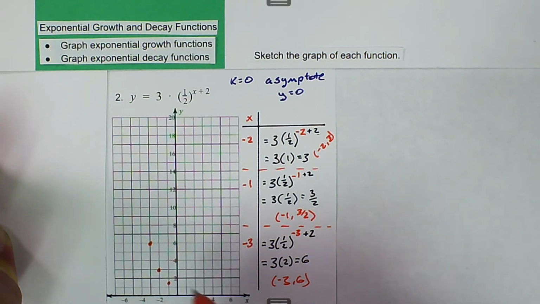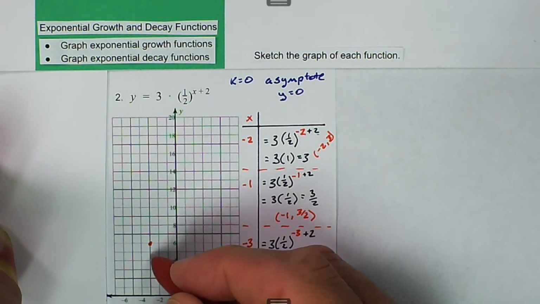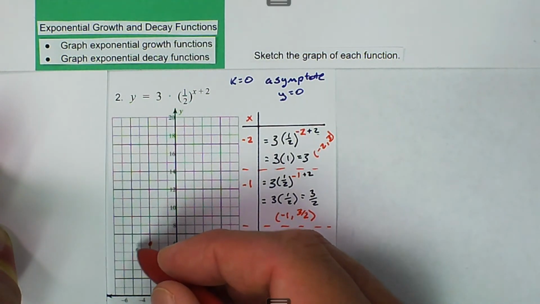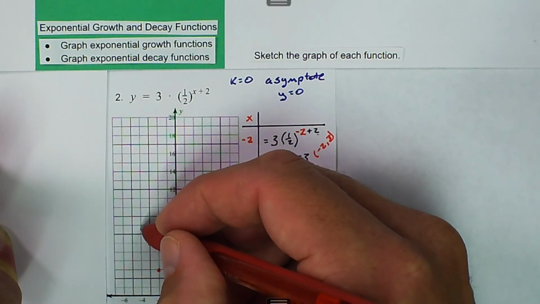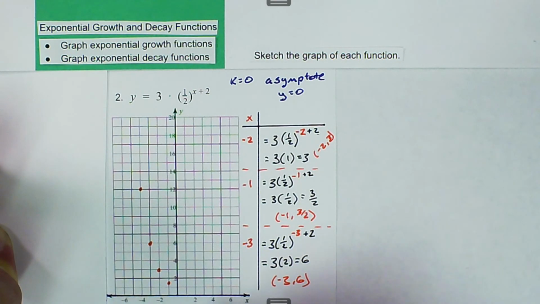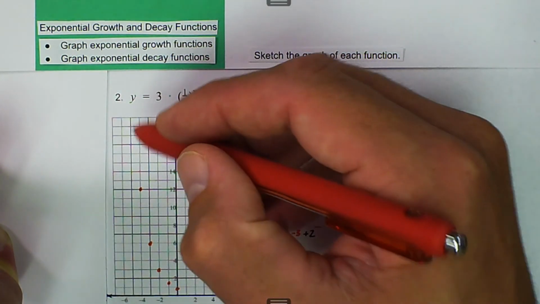So the next one over here, if we went from 1.5 to 3, then we're going to go 3 to 6. So we're going to go up 6, and that will be that point right there. And from here, this is 3/2, so half of 3/2 is 3/4. And then we've got a pretty good graph, with points that we can sketch.